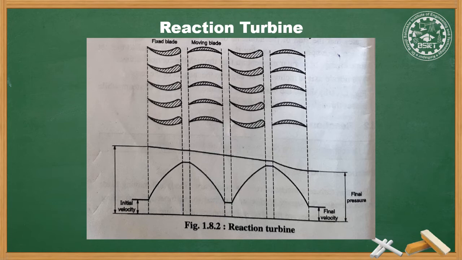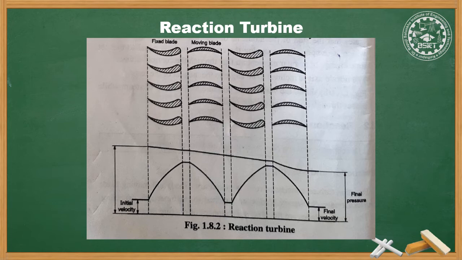In pure reaction turbine, the drop of pressure with expansion and generation of kinetic energy takes place in moving blades. The steam jet leaves the moving blade at greater velocity than it enters this blade because of the aerofoil shape of the blades.